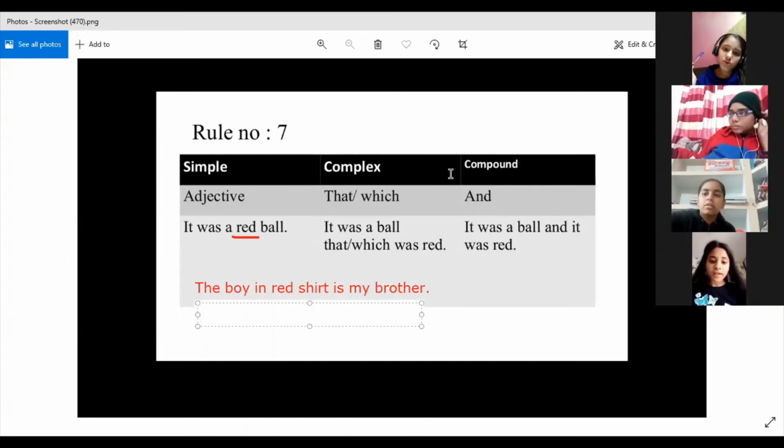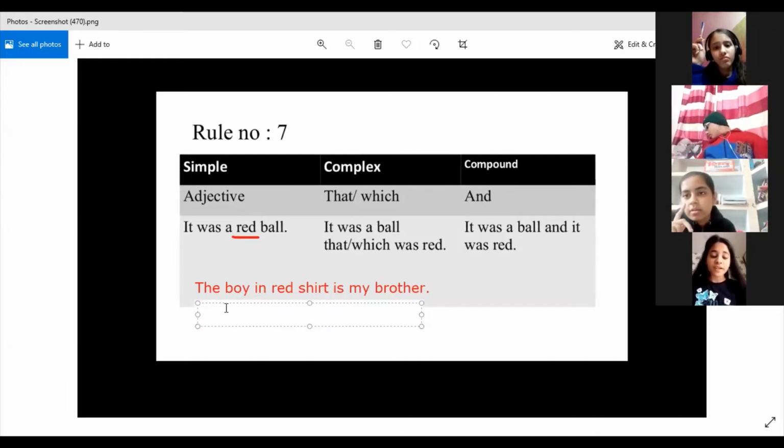The boy is my brother who is in red shirt. No, why do you want to shuffle the words? You can use the adjective clause right after the boy only. The boy which is in red shirt is my brother. Which? We do not use the word which for human beings. The boy who is in red shirt is my brother. Yes, the boy who is in red shirt is my brother.